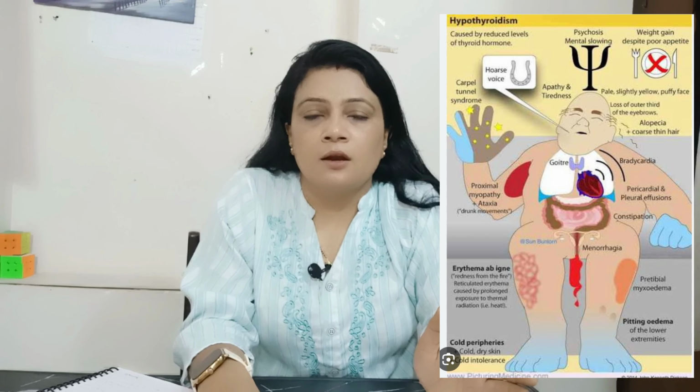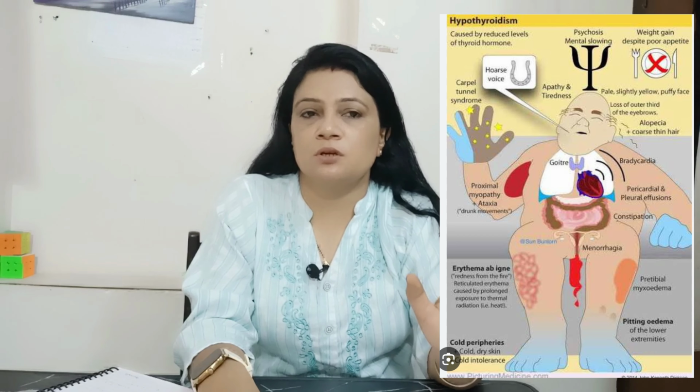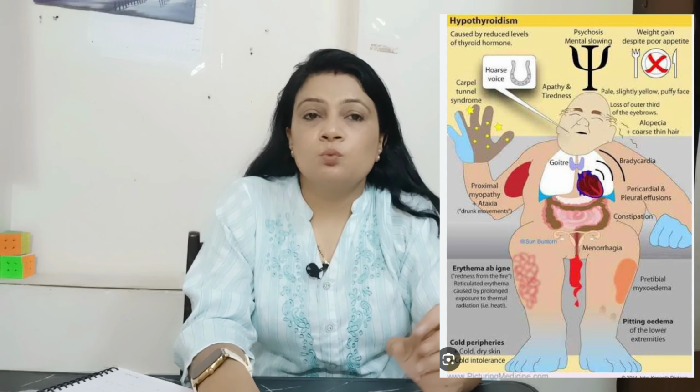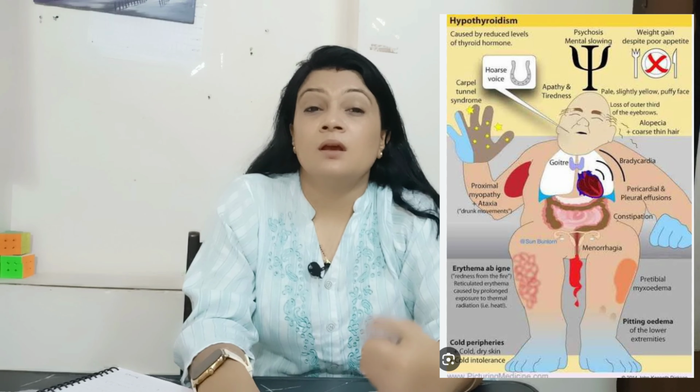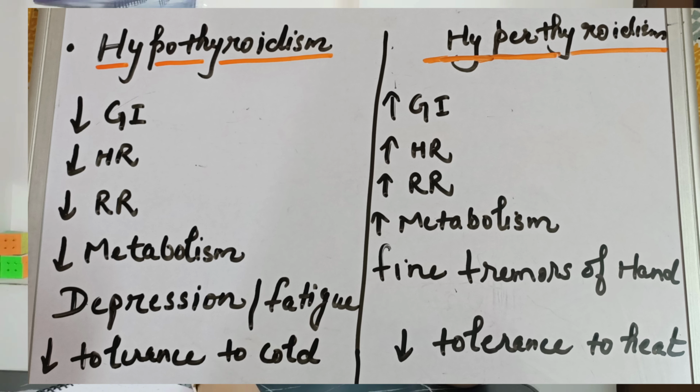Now just see in this diagram the signs and symptoms you will see in a patient with hypothyroidism. Just remember that the hypothyroid patient would be more chubby and puffy, but in hyperthyroidism the patient is very lean and thin, right? The signs and symptoms in a hypothyroid patient are: heart rate decreases, GI function decreases, respiratory rate is less, temperature is low, and there is decreased BP.